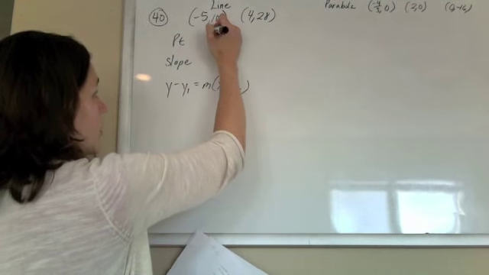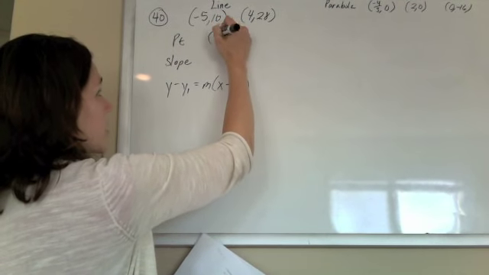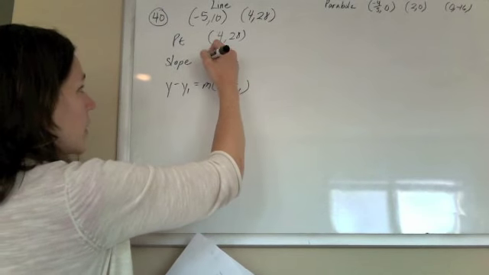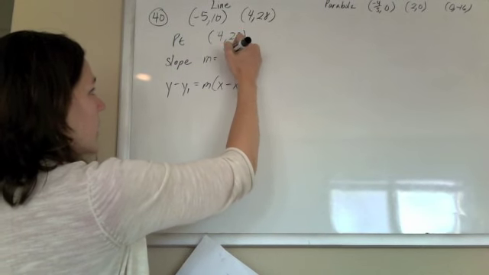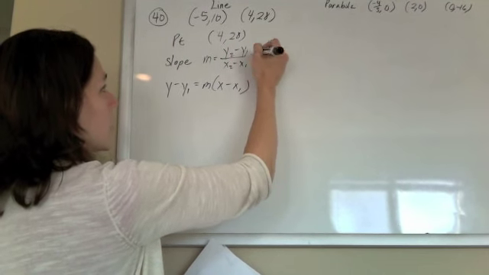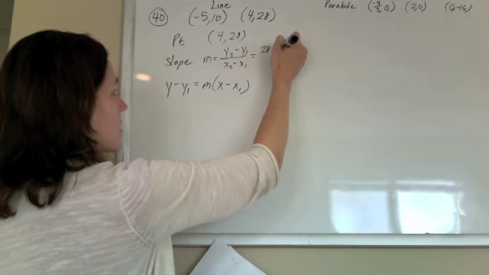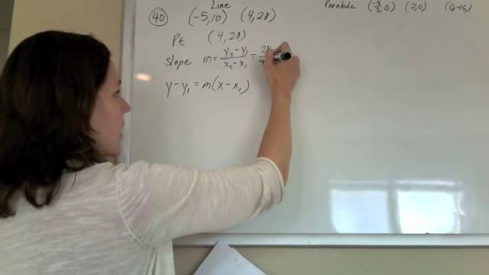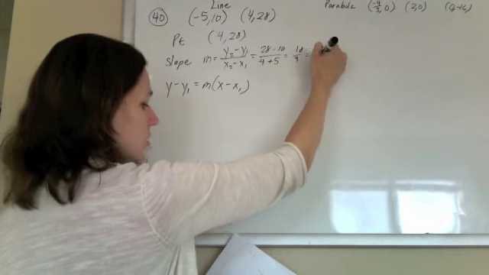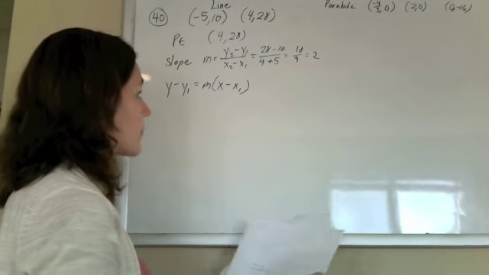I'll take the 4, 28, sure, just because they're positive, I don't know. And then my slope, just do a normal y2 minus y1 over x2 minus x1. So 28 minus 10 over 4 minus negative 5 will give me 18 over 9, so a slope of 2.